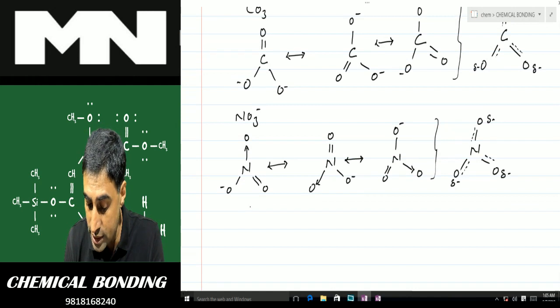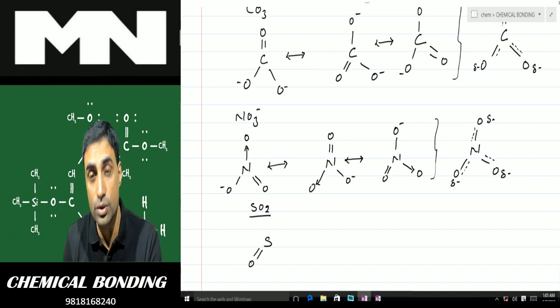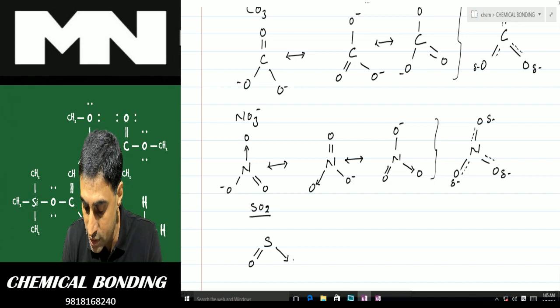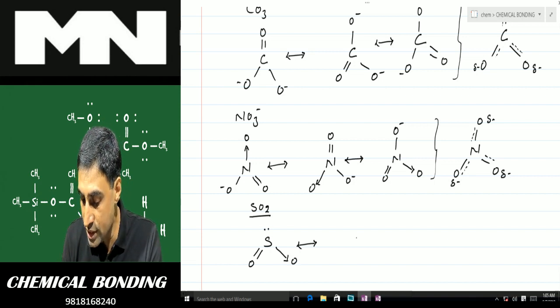Similarly, you can draw a resonating structure of the SO2 molecule. See, the SO2 molecule has a structure like this, where it has a double bond with oxygen and a coordinate bond with oxygen with a lone pair of electrons. The next resonating structure will be like this, coordinate bond, double bond, and lone pair.